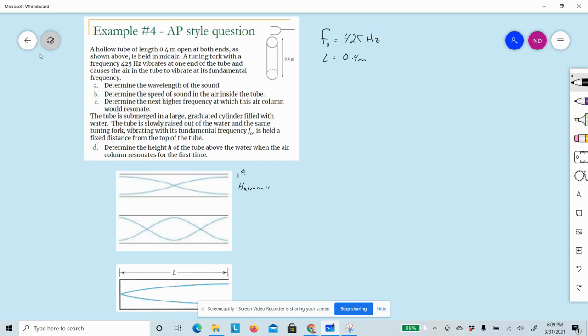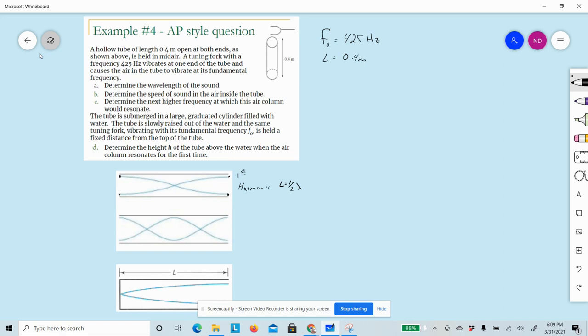The length of the pipe is half a wave. It goes from crest to trough, or from trough to crest. In this case, the first harmonic of open pipes, L equals 1/2 the wavelength. That's really important. So now, determine the wavelength of the sound.